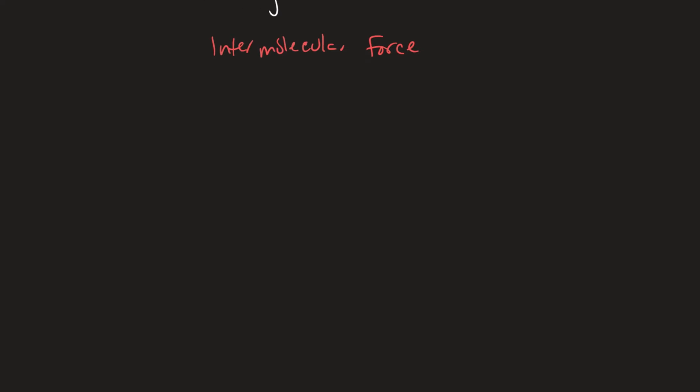Another property of liquids that's often studied is what we call surface tension. Surface tension is also affected by intermolecular forces, in which it measures the strength of the intermolecular forces experienced by the molecules at the surface of the liquid.